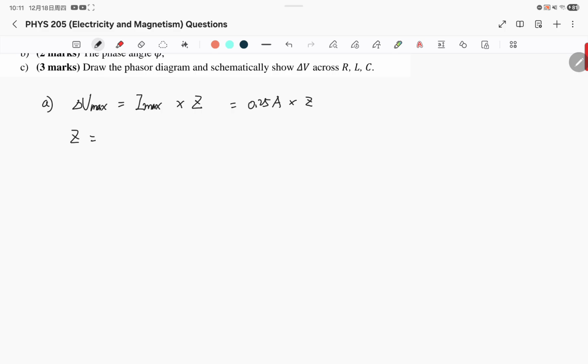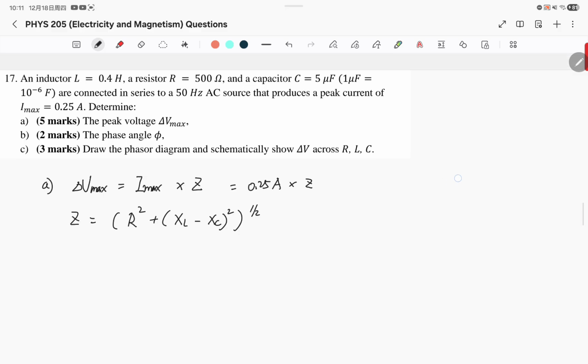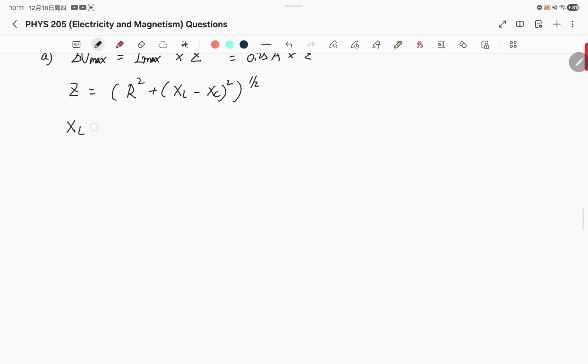And impedance is given by this formula. R squared, resistance, it's given, that's 500. We need to find XL and XC.